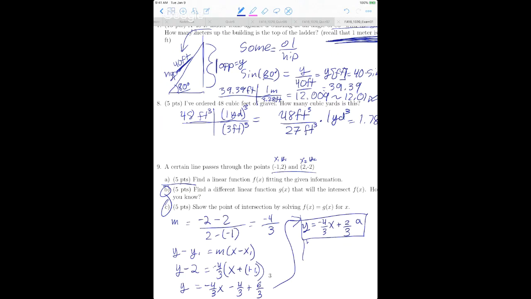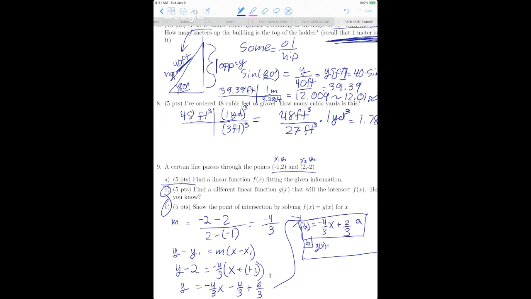Now, B, you might not believe it, but B can fit in this little box here, because all we need is a function, any function at all. Well, I better get full credit for myself here. I wanted to call this f of x, not y. Okay, so g of x. g of x can be any function that intersects f of x.